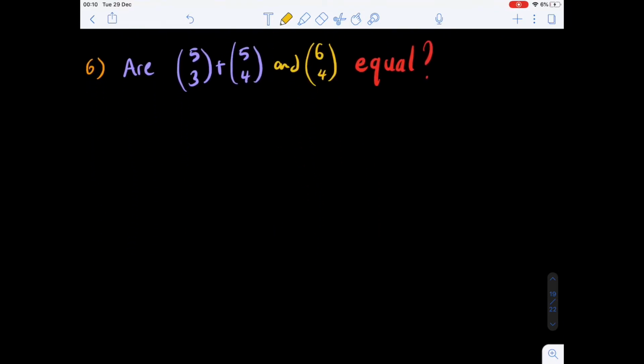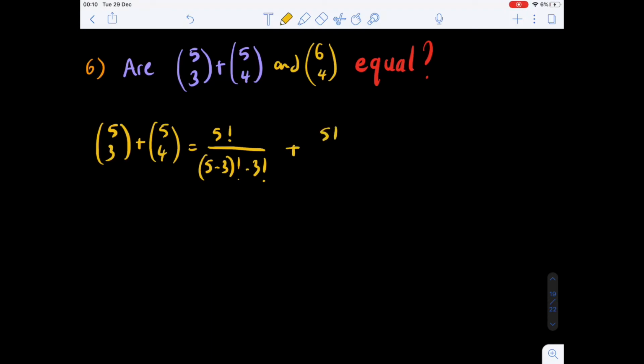Example 6: 5 choose 3 plus 5 choose 4, and 6 choose 4 equal. So at first let's calculate 5 choose 3 and 5 choose 4. 5 choose 3 is 5 factorial over 5 minus 3 factorial times 3 factorial, plus 5 factorial over 5 minus 4 factorial times 4 factorial.